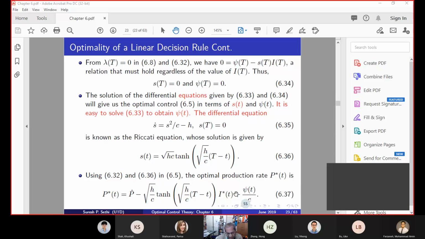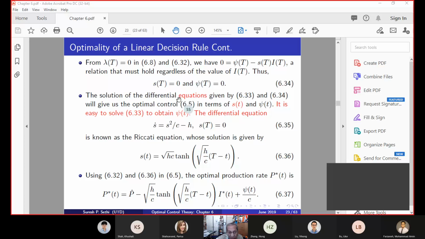So you can write P star T to be capital A of T plus B of T times I star T, where A T and B T are given time functions. So it's a linear equation where the coefficients change over time. That's the Holt-Modigliani-Muth linear decision rule coming through this particular formulation.